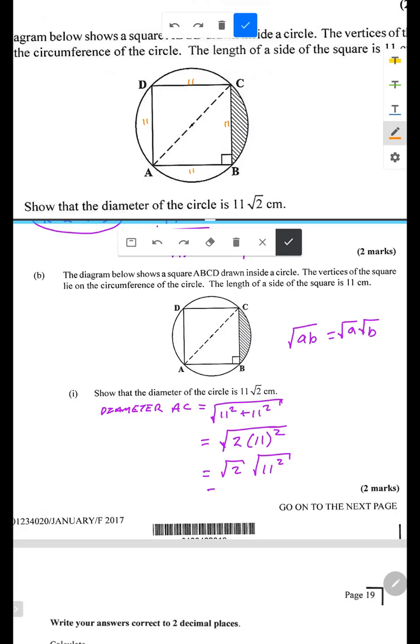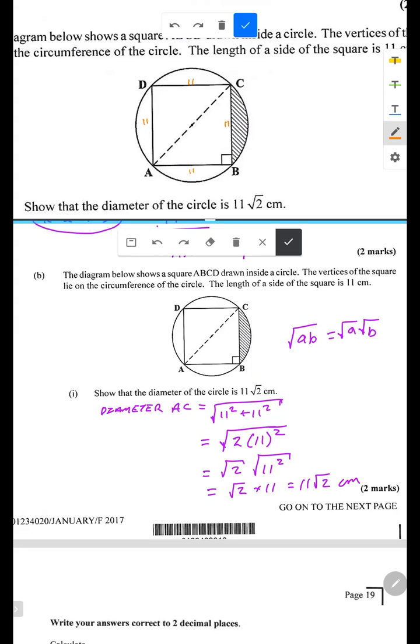And so this becomes the square root of 2 times 11, because the square root of 11 squared is 11, which can be written as 11 times the square root of 2 centimeters, and that's it. If you don't understand, let me know. That is what you have to do, not work out the value. They want you to write it like that: 11 times the square root of 2.